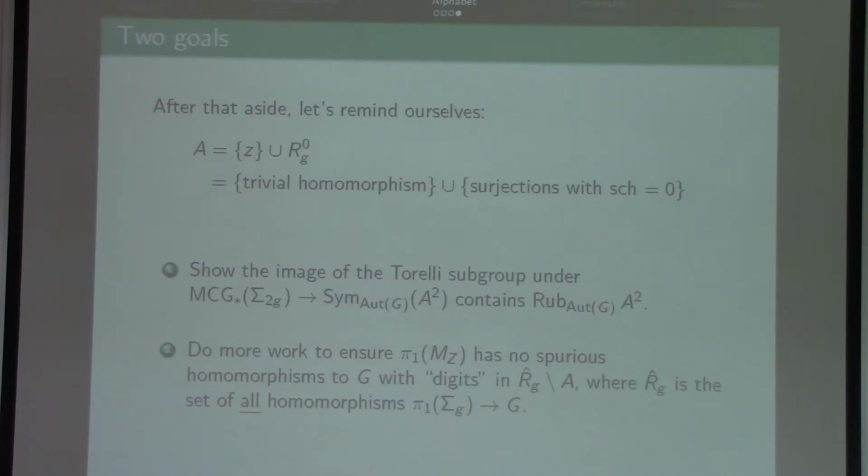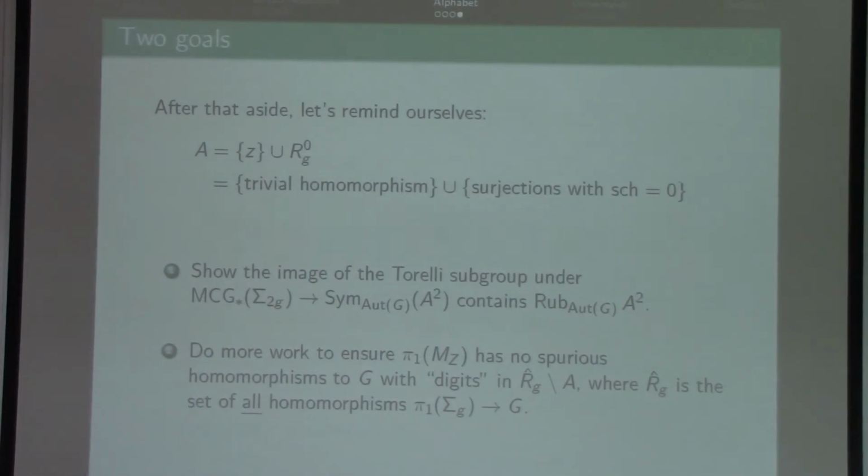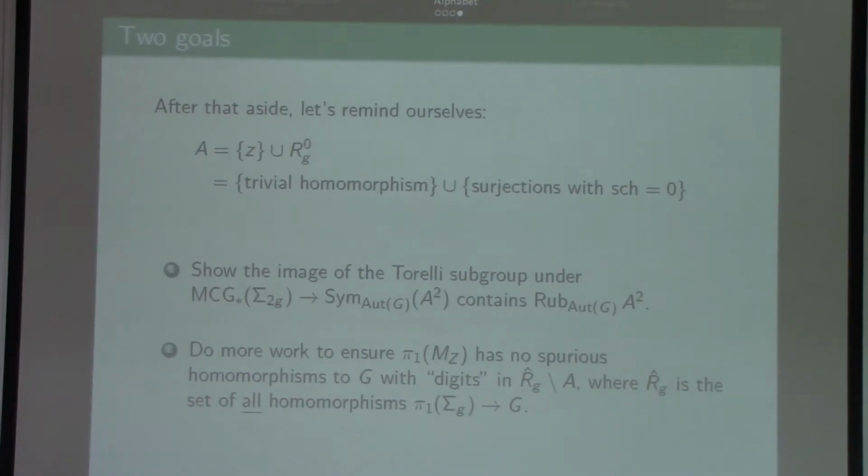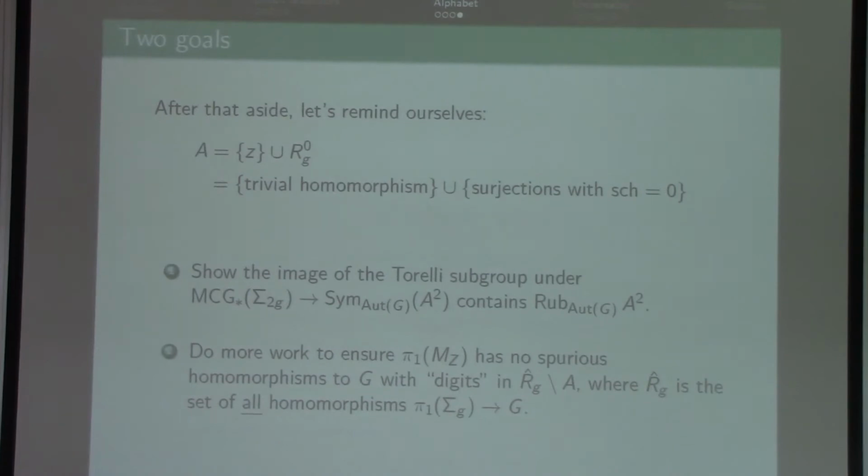And that's the hard part for us too, which is building our manifold to ensure that every homomorphism from its pi 1 to G comes from a solution to the circuit over there. So that means not only do we need to know what A is, and something about how the mapping class group acts on A squared, we need to know something about what's going on away from A, or A squared.